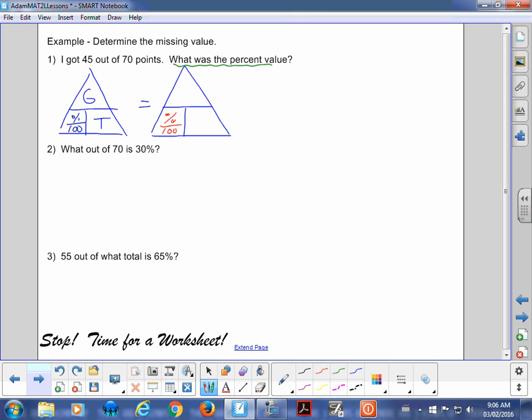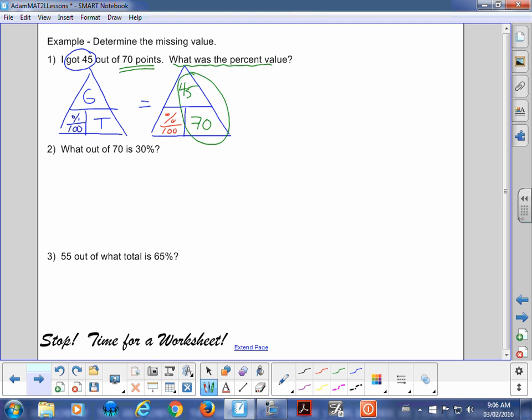So that means I must know the other information. I got 45, that's my G value, and it was out of a possible total of 70. So we're looking at those two values.